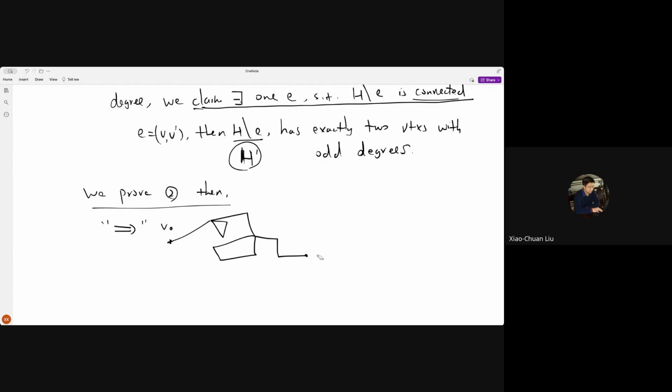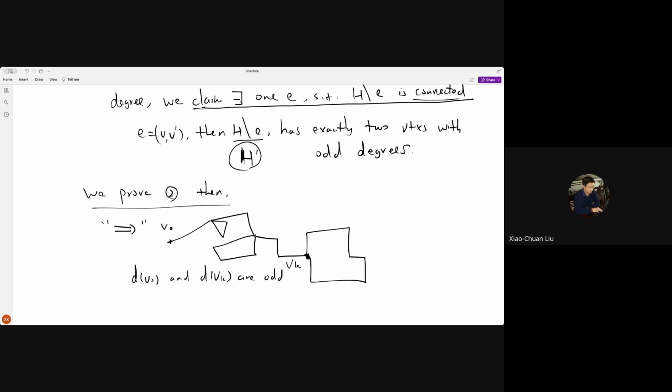For example, this is the first time you arrive at Vk, but maybe you decide to go away, and then you arrive at Vk again. So maybe it has degree 3, but you know that both Vk and V0 are odd, and all other vertices have even degree.